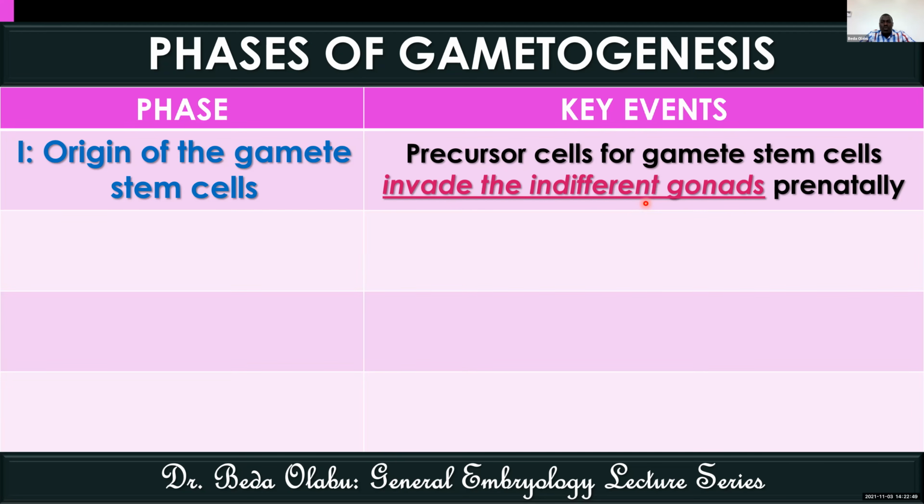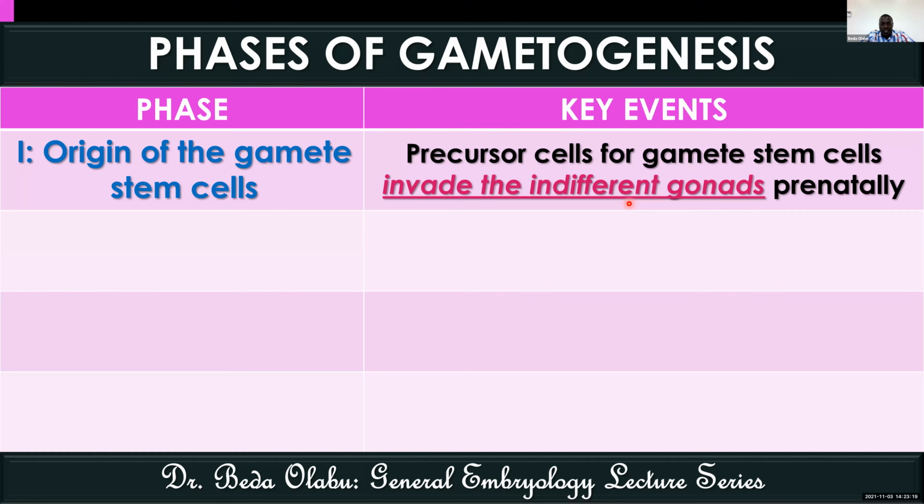So that time when we don't know what the gonad will become, that embryonic structure representing the gonad is called the indifferent gonad. When that indifferent gonad is there, the stem cells, or rather the cells that will become the stem cells for the gametes, migrate from wherever they come from and invade the indifferent gonad.